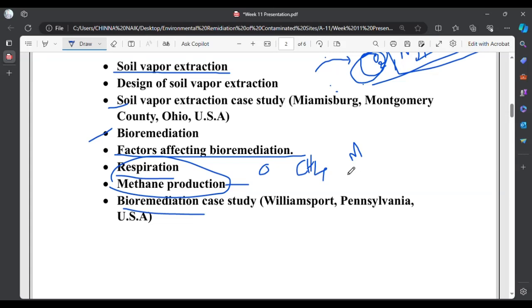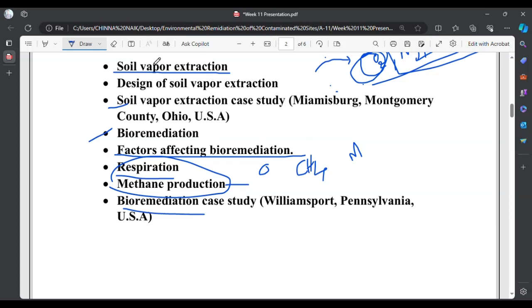Molasses is a byproduct of sugarcane processing, a byproduct of processing sugar from sugarcane.